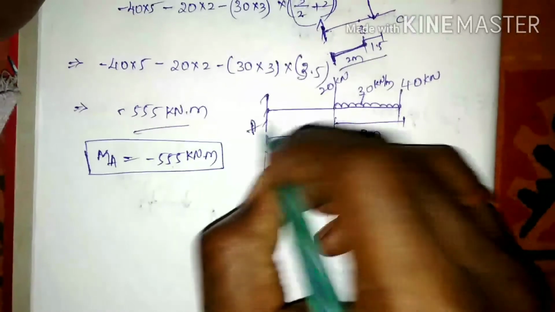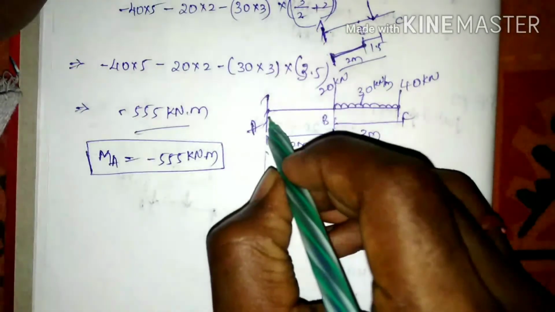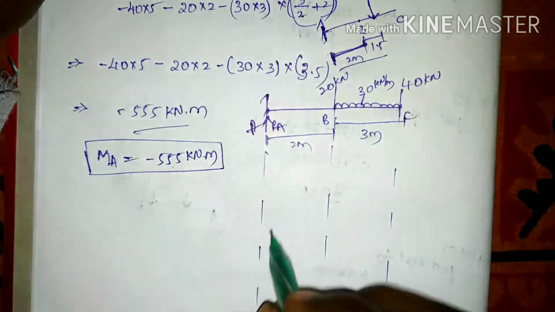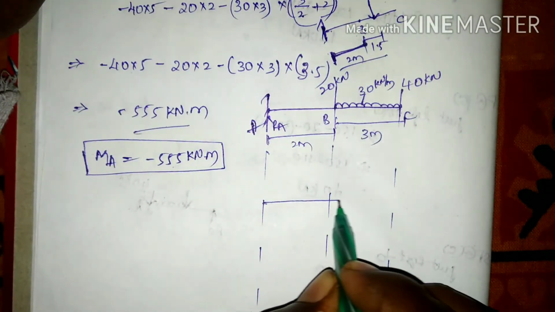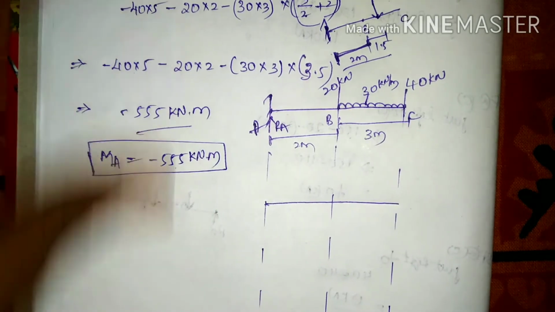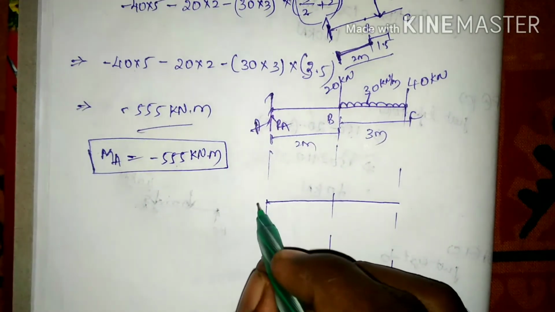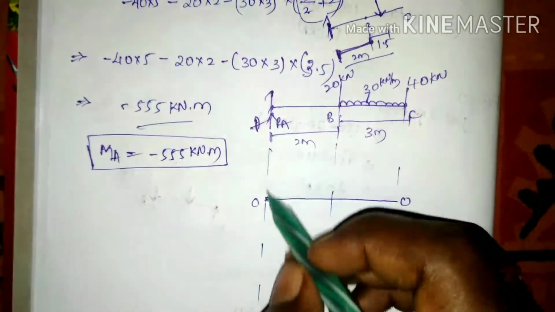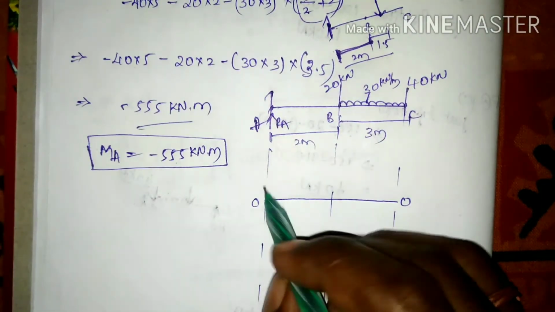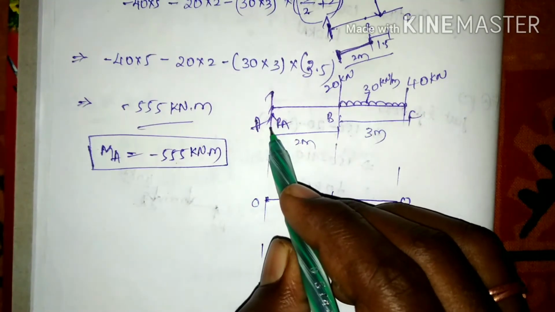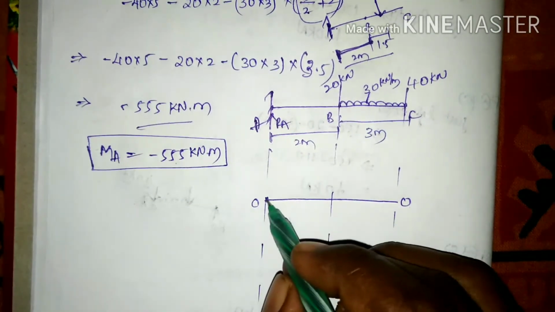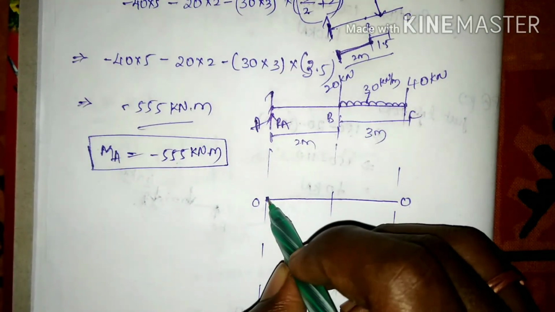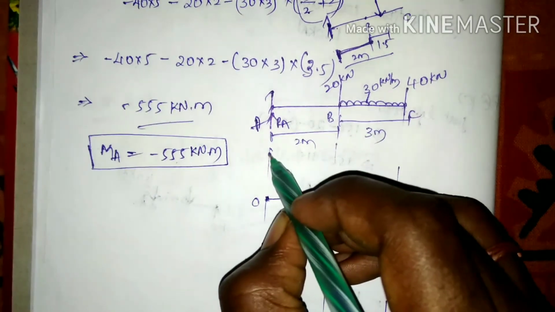Here it is A, B, C, and here RA. Let us consider the shear force calculations with reference to this line 0, 0. Here at the point of A, I am going to find the reaction in the upward direction, so I am taking the upward direction with a magnitude of 150.